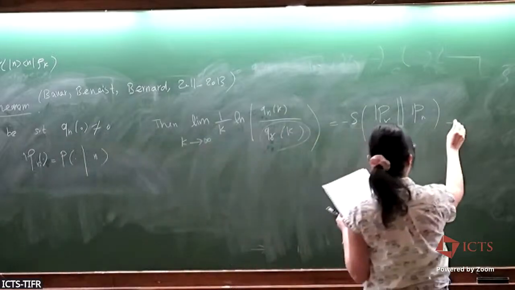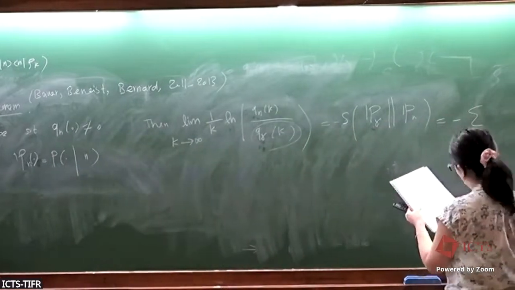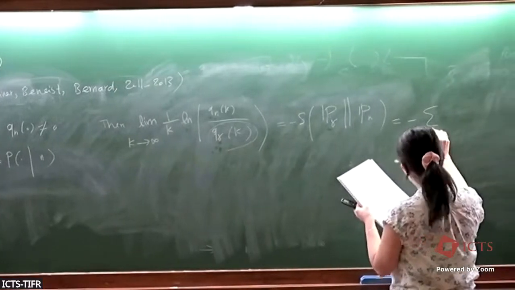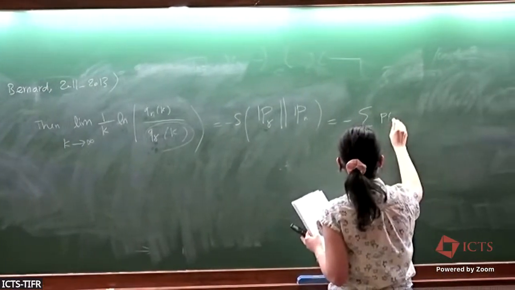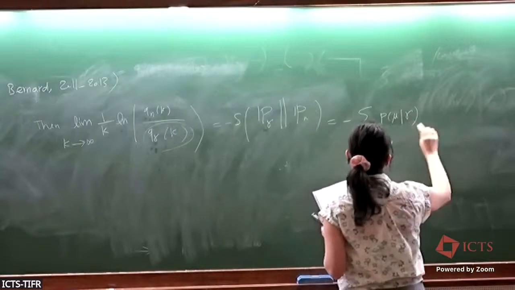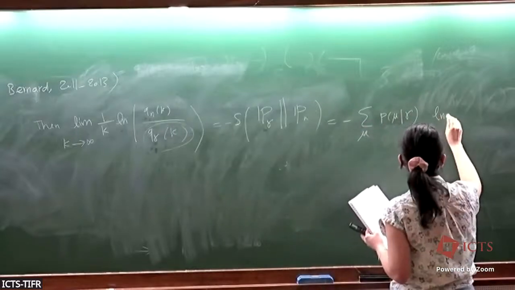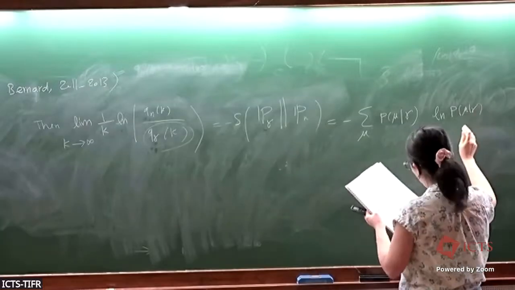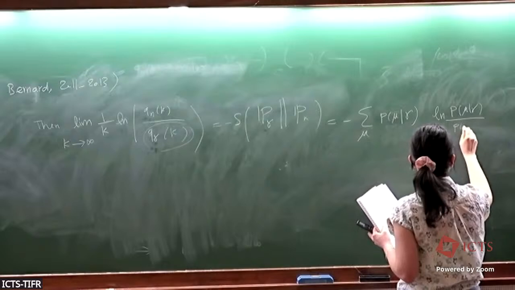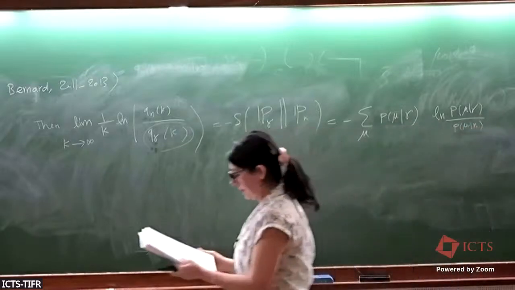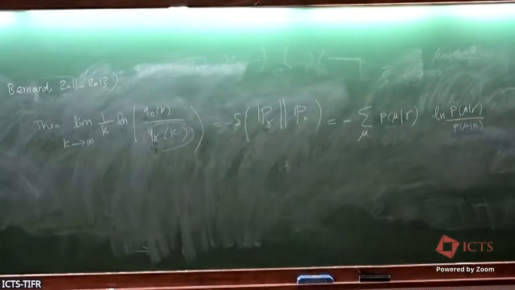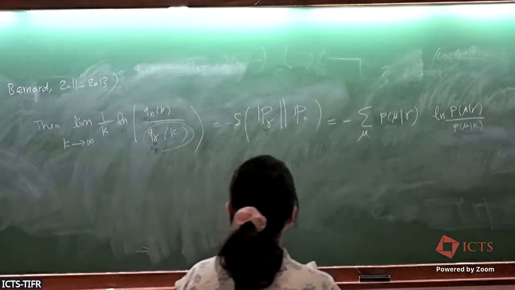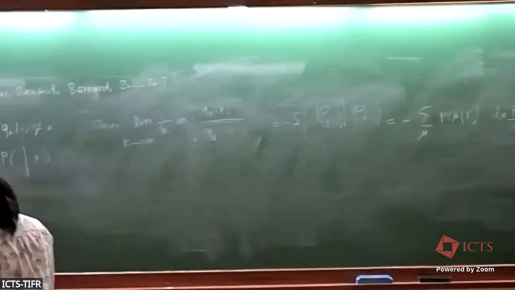So just to recall, it is the sum over mu of the probability of mu knowing gamma, times ln of the probability of mu knowing gamma over the probability of mu knowing n. So here, how much time do I have? I will talk about the proof of this, because I think it's interesting.